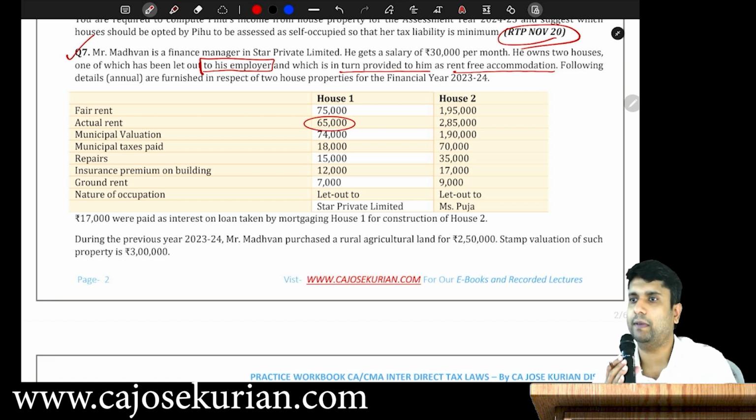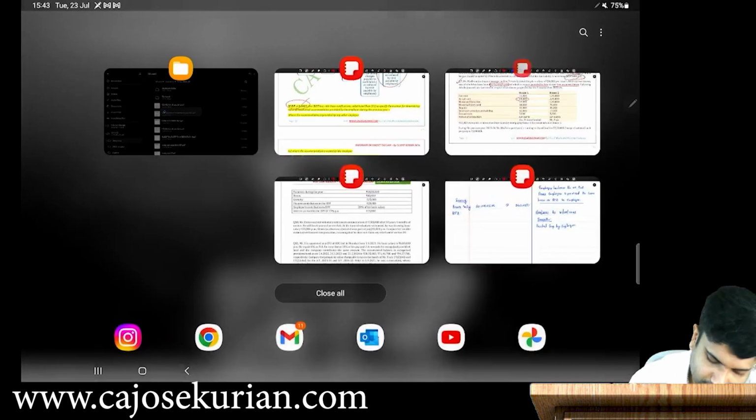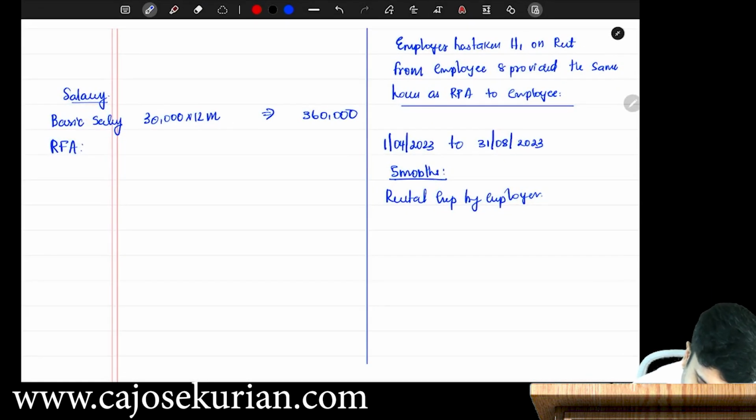Now you tell me how much is the rent paid by the employer? 65,000 for the whole year. Now, for 5 months, how much will be the amount? 65,000 into 5 by 12. How much is that? 27,083. All right.